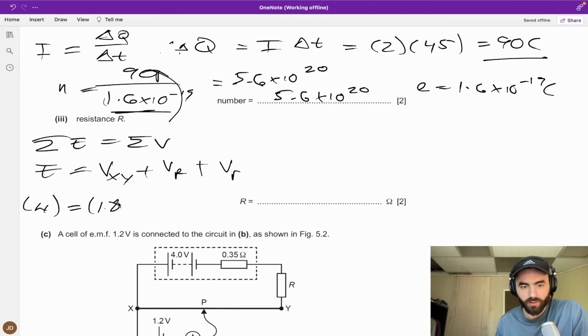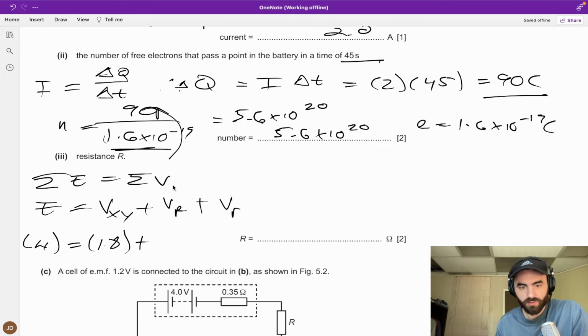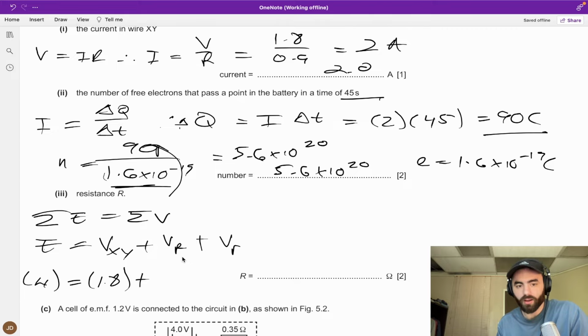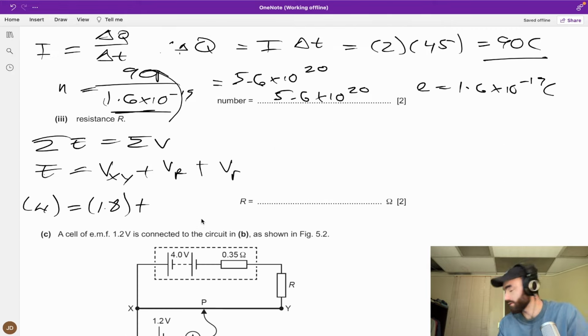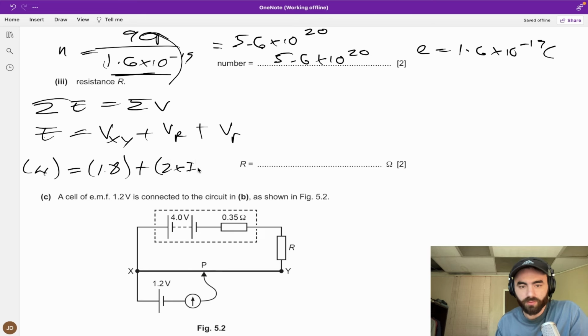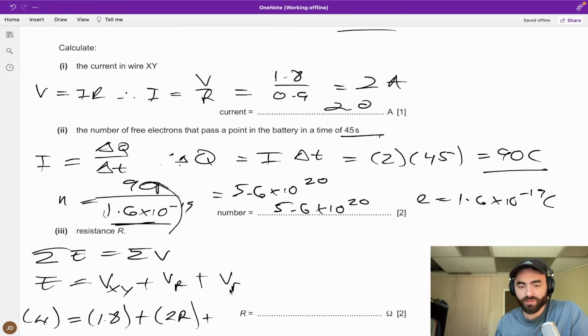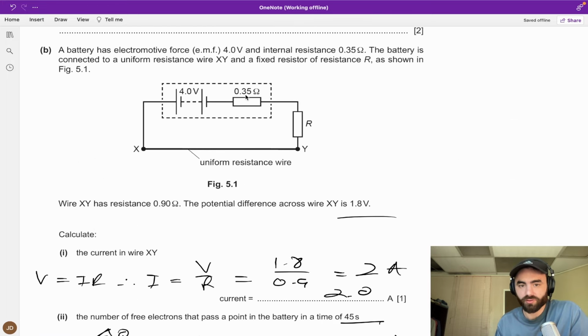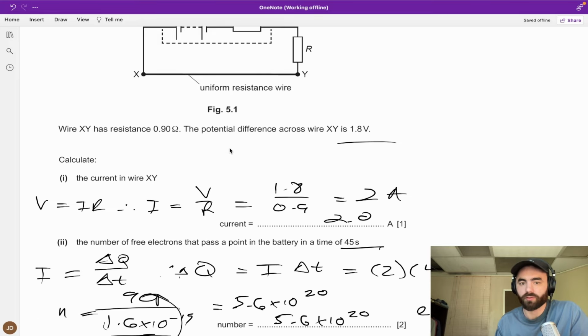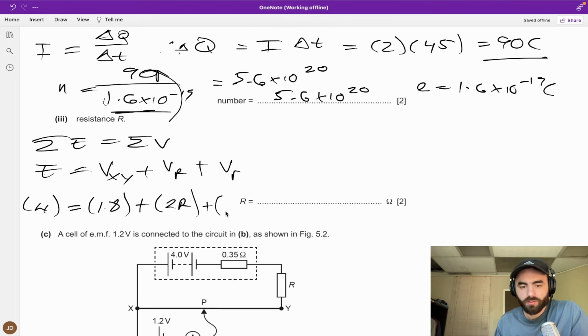This is 1.8. This is IR. We have 2 amps running through it. So this would be 2 times R, 2R, plus the potential difference across the internal resistance, which is just 2 amps times 0.35.